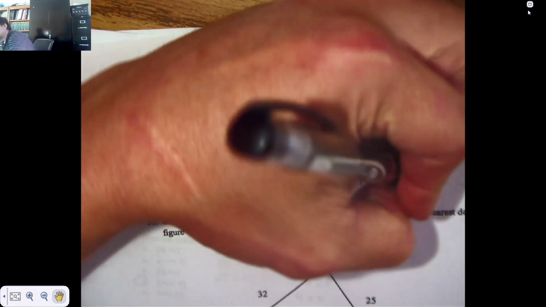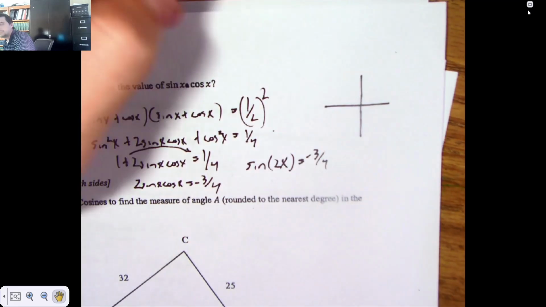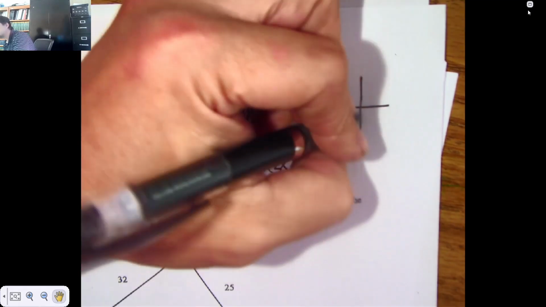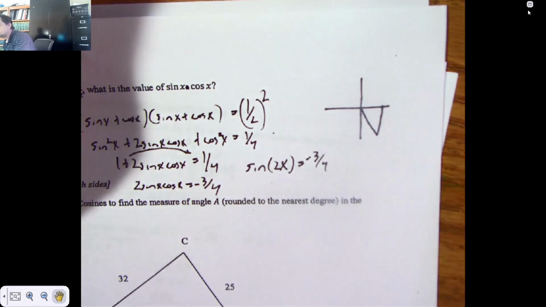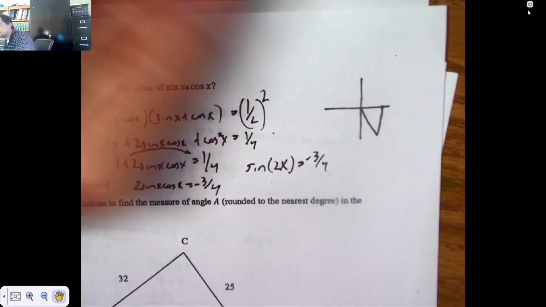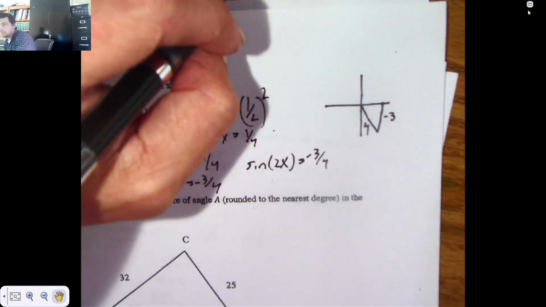So the sine of twice x in this case is negative 3/4. And for sine to be negative, and because we're using arc sine, we're going to draw in quadrant 4. Opposite over hypotenuse, negative 3, 4. What's missing here? Root 7?